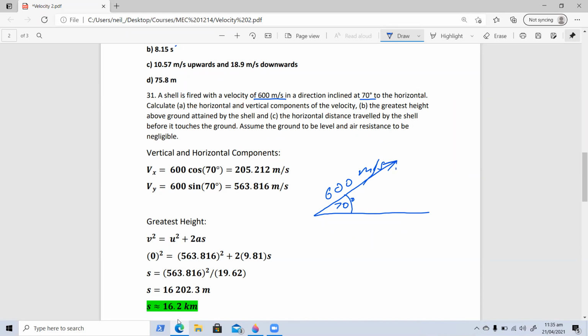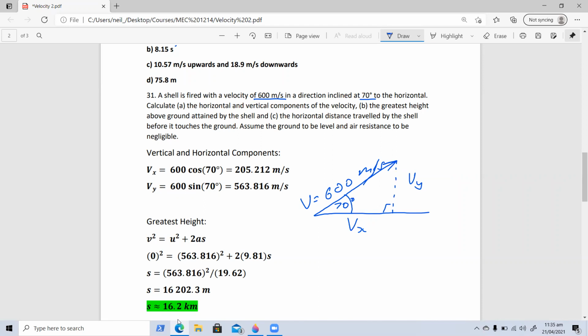We can create a right angle triangle, and we can say that this velocity V is equal to a vertical and horizontal component. This one could be Vx, this one could be Vy. Vy, the vertical component, Vx, the horizontal component. We use this angle and a trigonometric ratio to find Vx and Vy.